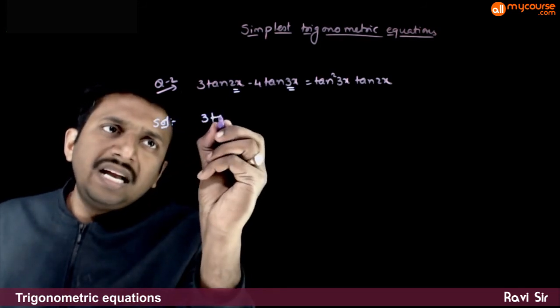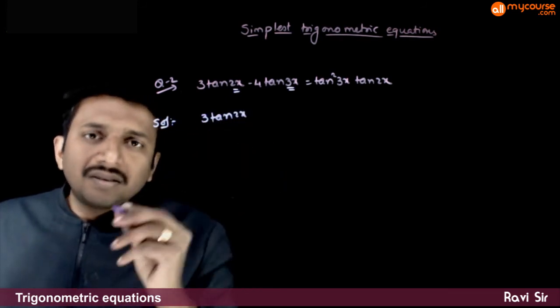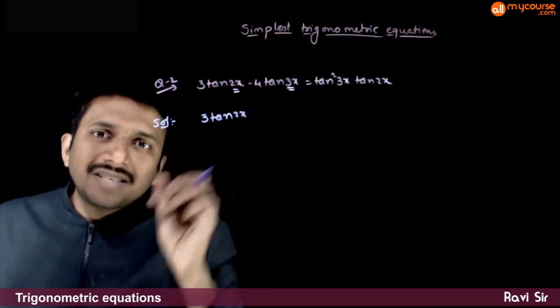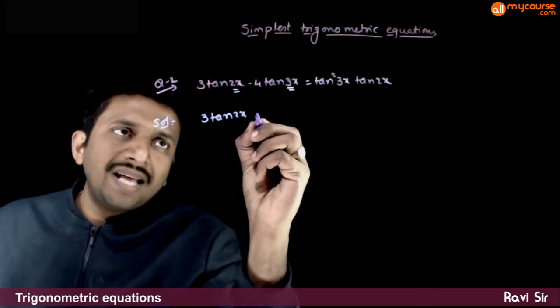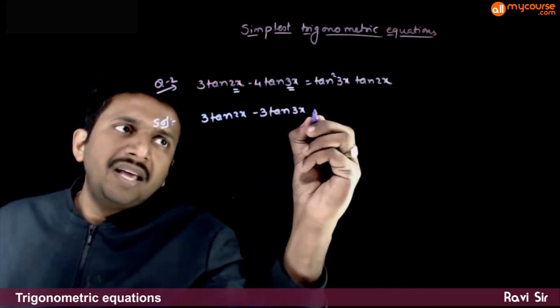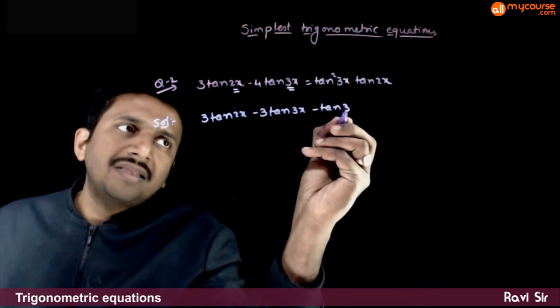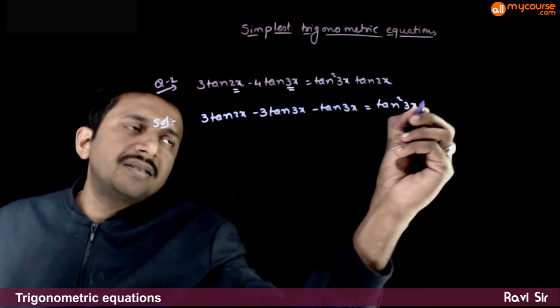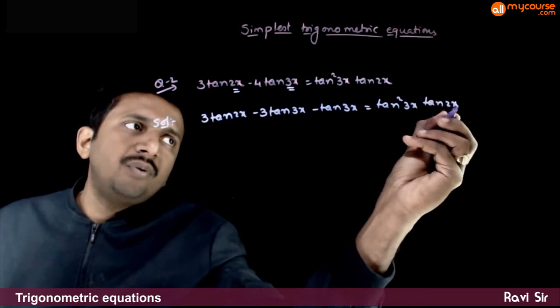So 3 tan 2x. What I'll do is I'll separate 3 tan 3x and minus tan 3x. Minus 4 tan 3x can be written as minus 3 tan 3x, again minus tan 3x is equal to tan square of 3x into tan of 2x.